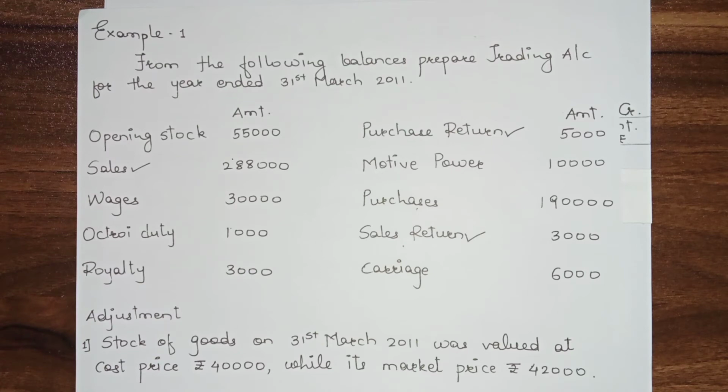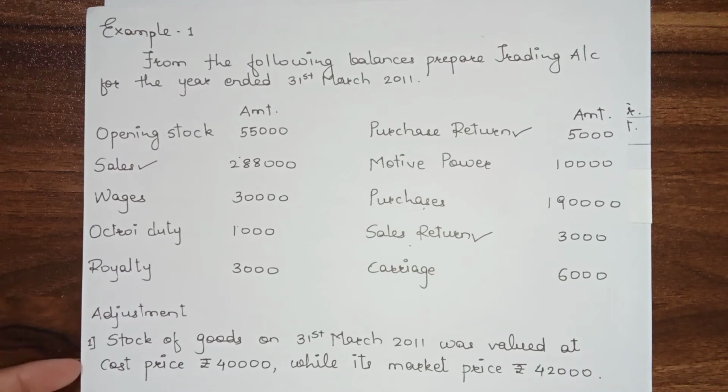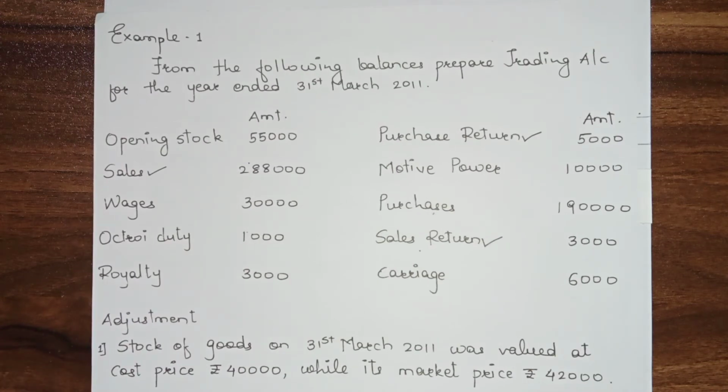Okay, now here purchase returns is the item that has come for us to post, but there is an adjustment on purchase returns, that is it is to be subtracted from purchases. So we will keep it aside and move on to the next item, that is motive power. Now motive power is also an expense to us, because if we have bought it or if there is any repairing to this motive power, then it is an expense to Mr. Kedar, so we have to post it in the debit side.